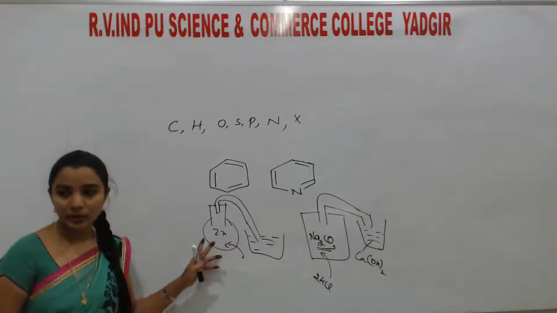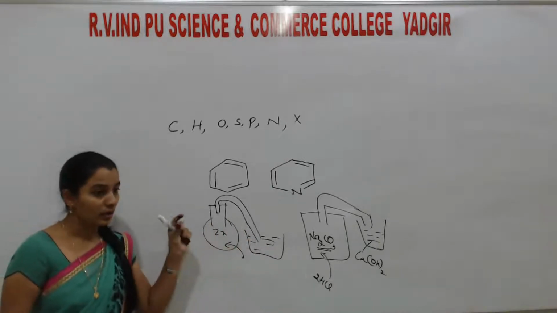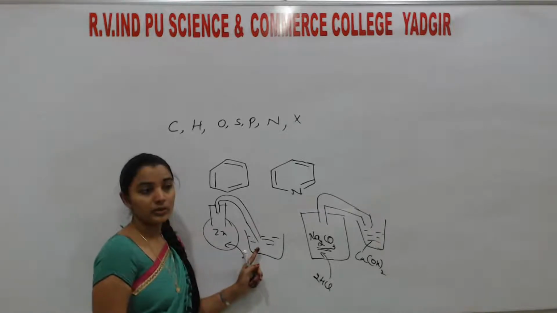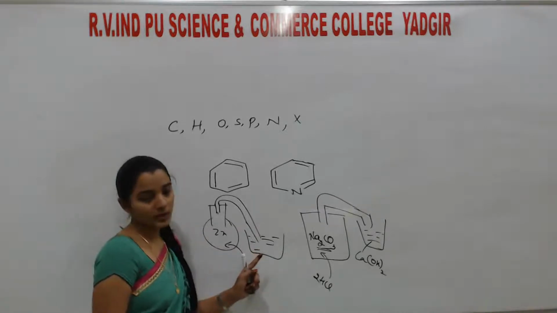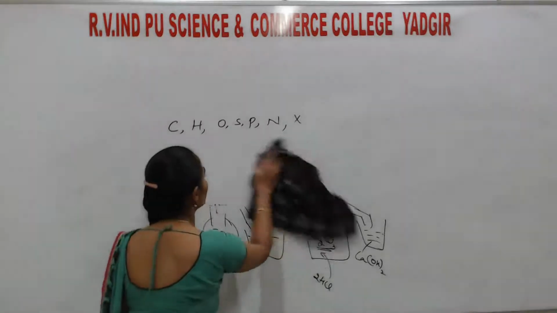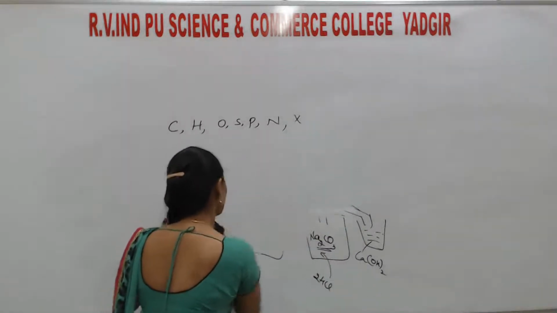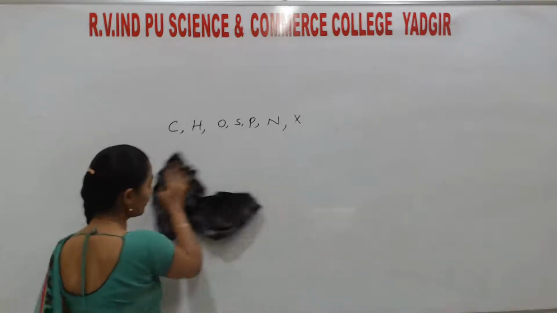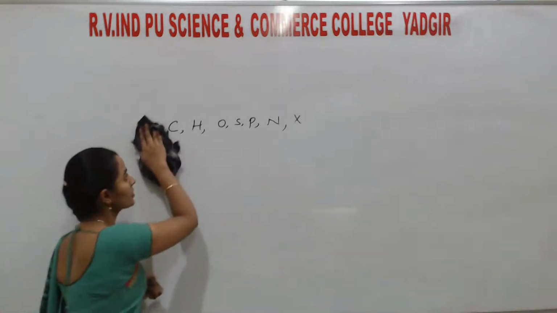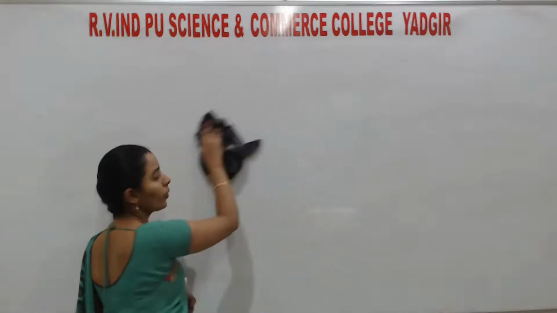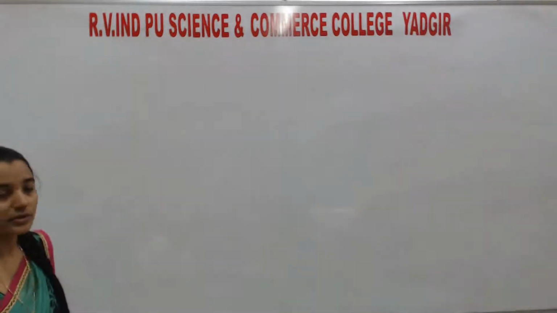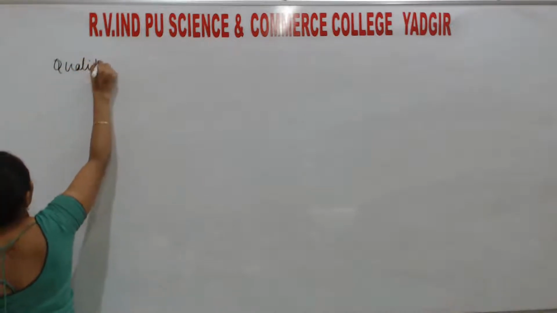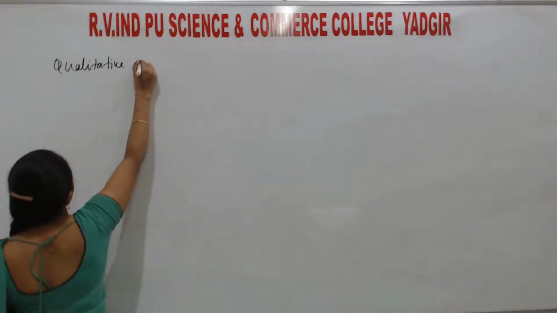We cannot see how it changes, but we can observe it indirectly by the formation of bubbles. Similarly, for these hetero compounds also, there are particular reactions. That is called qualitative analysis of organic compounds. Two marks important.